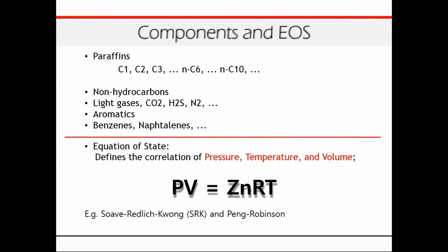They have the same molecular formula but different structural formula. The number of carbon atoms might be the same, the number of hydrogen atoms might be the same, but the way they are bonded to each other is different. So you have a whole lot of combinations of these inside the crude oil.